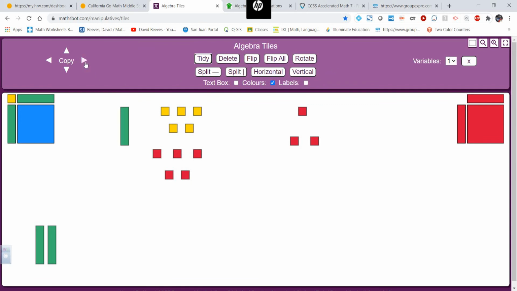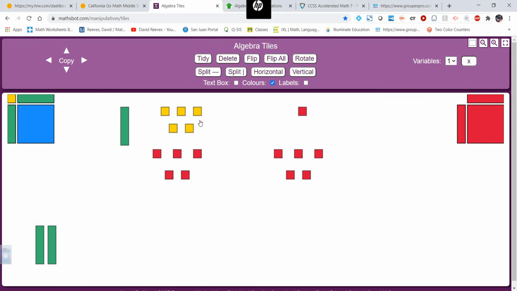Oh, here it is. Okay, there we go. 1, 2, 3, 4, 5. Let me try to make them look alike so you can see that I did the same thing to both sides, right? I know it's not exactly the same, but it's okay. You could see I did the same thing to both sides.